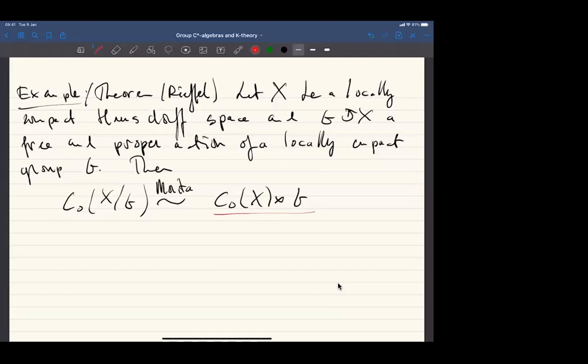If I have a group acting on a space, then C0 of X becomes one of these G-C-star algebras. This object always exists, whereas the other side of this equivalence only exists for free and proper actions.